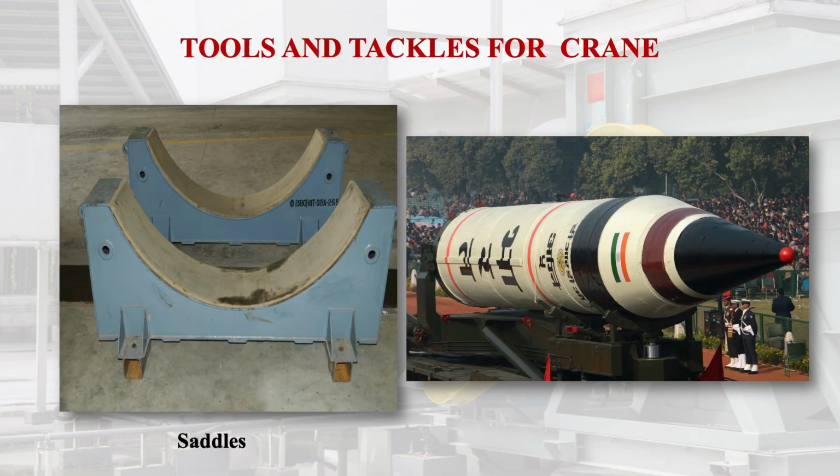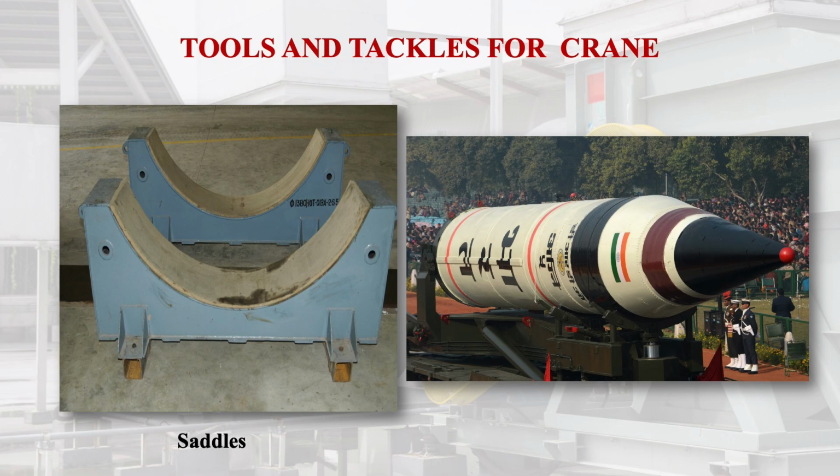This is another important item, saddles. These saddles are used normally for delicate cylindrical objects. These objects are kept on these saddles, but what is important is whether these saddles still have enough strength to bear the load of the object.